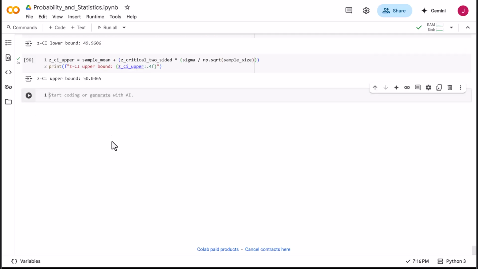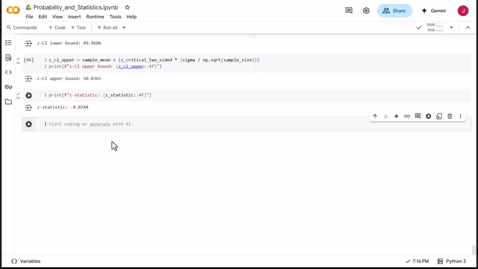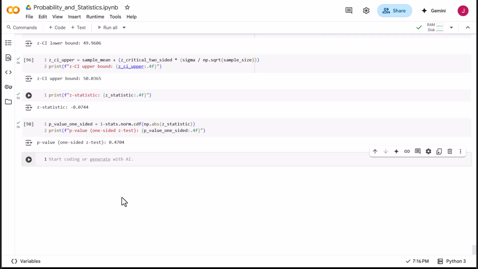In the same way, we can do the one-sided z-test where the alternative is mu greater than mu zero, right? So we can print z-statistic is the same, right? As we already did it, 0.0744. Then we need to find the p-value for one-sided, right? P-value for one-sided is equal to 1 minus the stats.norm CDF of absolute value of the statistic, right?